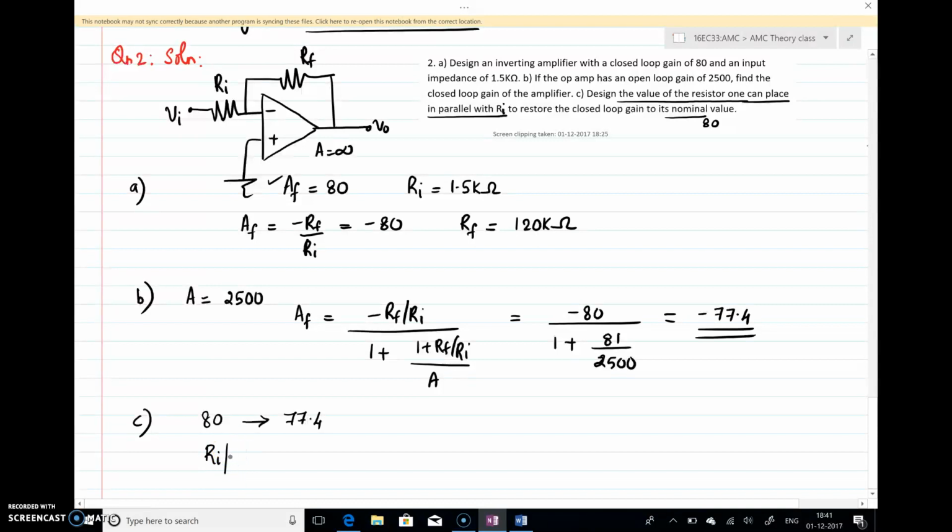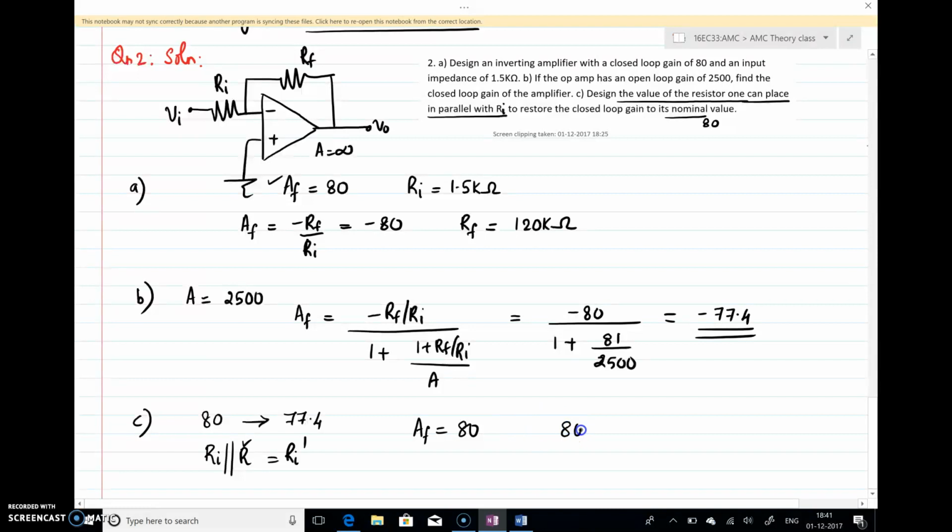So Ri in parallel with some new resistor. I don't know the value of that, so I'll call the total Ri dash. Now the task is to find the value of the resistor R which I can place in parallel to Ri to restore the closed loop gain to the same value. What I want finally is a closed loop gain of 80 only.